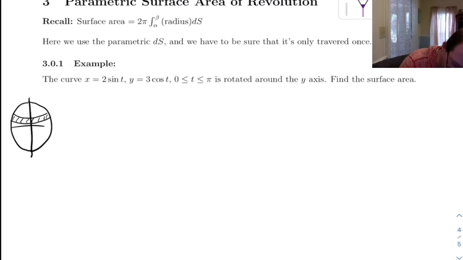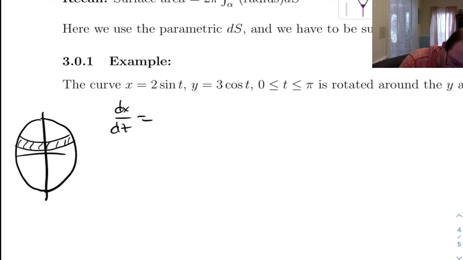So first up, let's work out our ds, and we also need to know our radius. So the ds is going to be, dx dt is going to be 2 cosine t, and dy dt is going to be 3 times the derivative of cosine, which is negative sine.